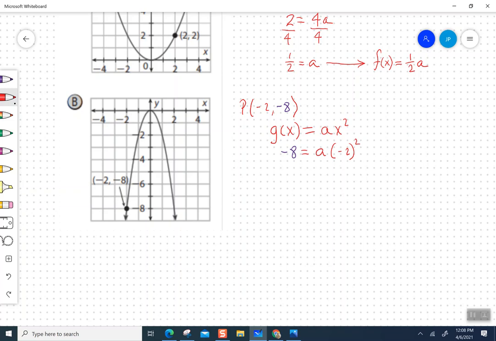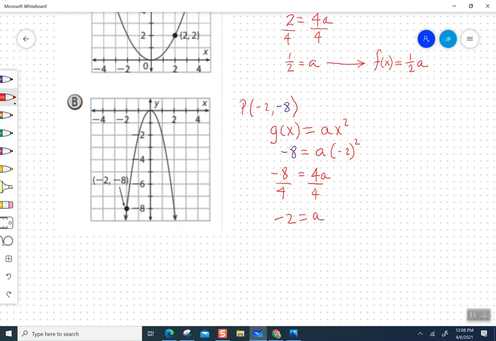All right, here we go. So, -2 squared would be -2 times -2, which is +4. So we have 4a. The -8 didn't change, so we'll leave it alone. Let's get rid of the 4. And what I end up with is -2 equals a.